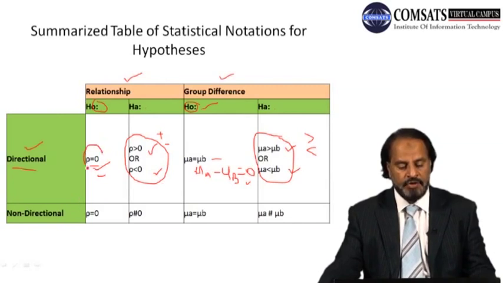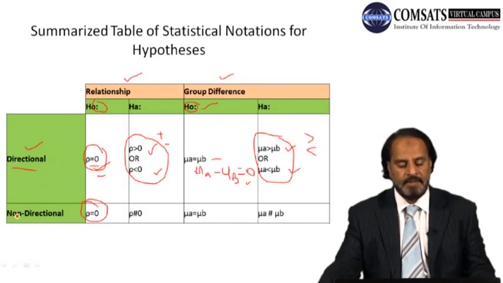The null hypothesis will not change. The same notation will be used for directional and for non-directional, meaning the null hypothesis will always say that the relationship between the two does not exist. Rho does not exist.